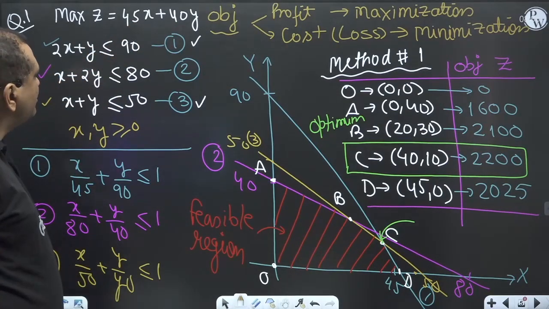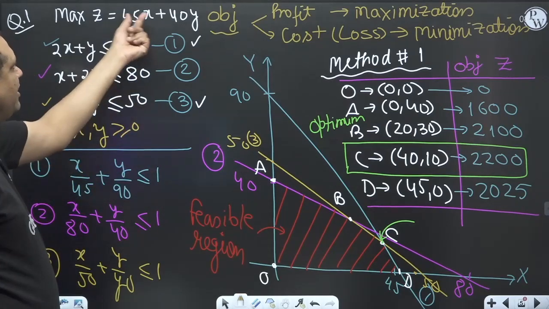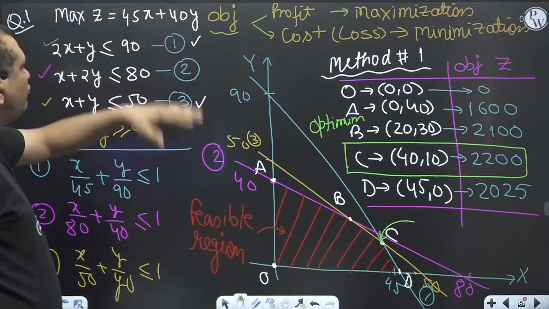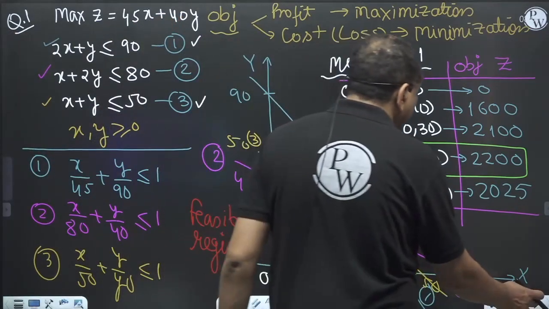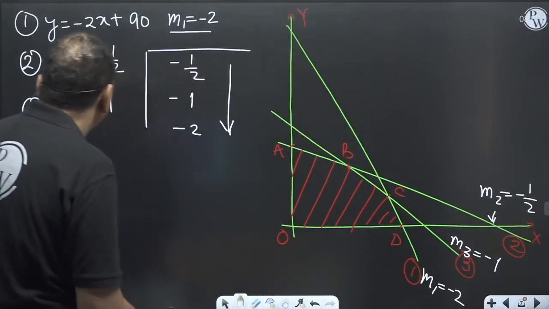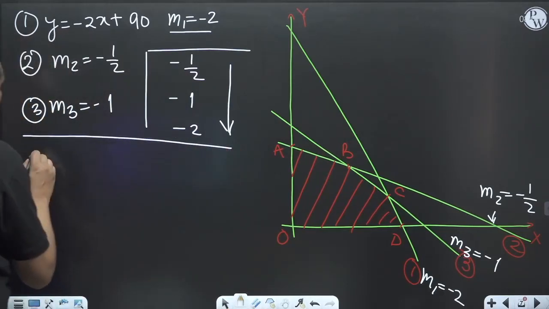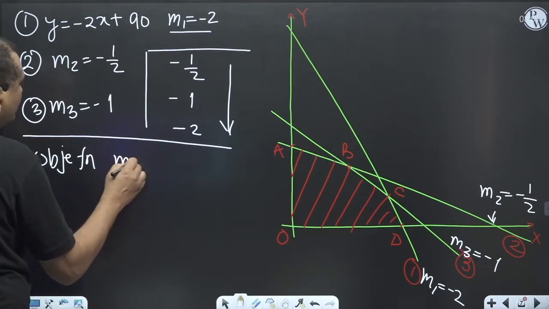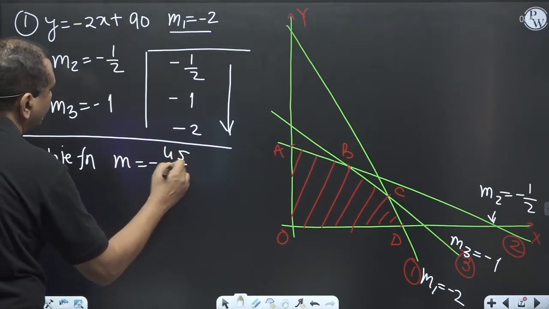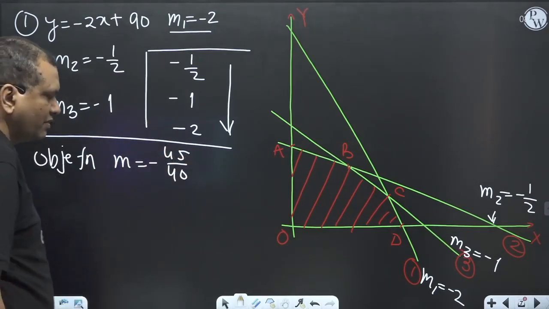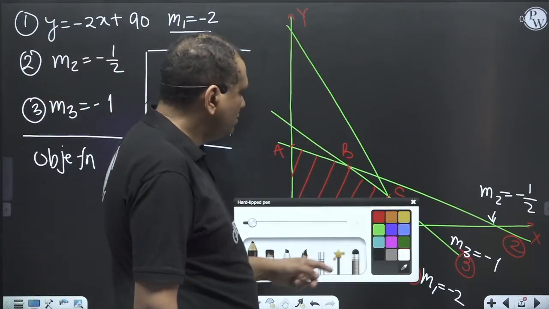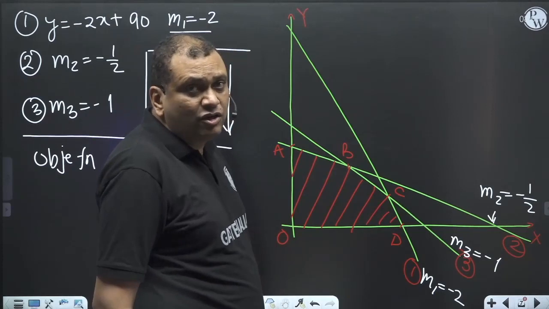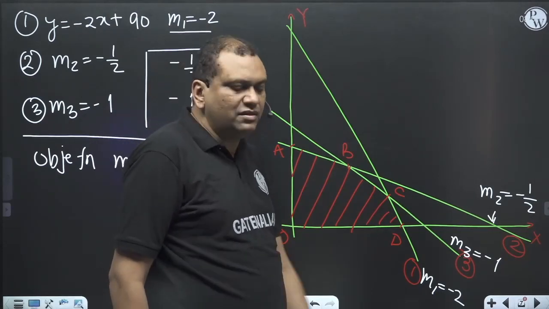So can I say the slope here is -45/40? y equals mx plus c, so m is equal to -45/40. The objective function slope is -45/40. Calculate the slope of the objective function.